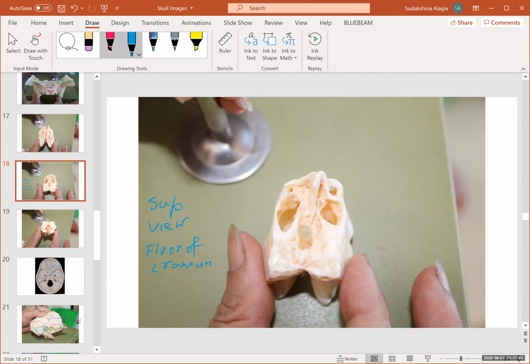This structure protruding up, out like a coxcomb, is what we refer to as the crista galli.